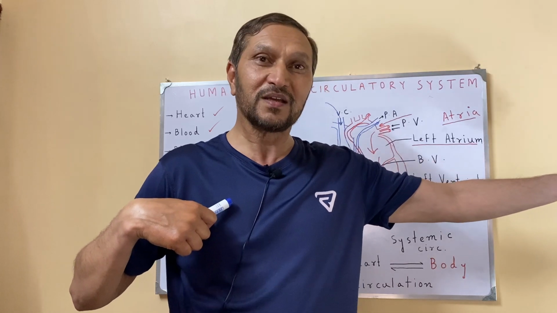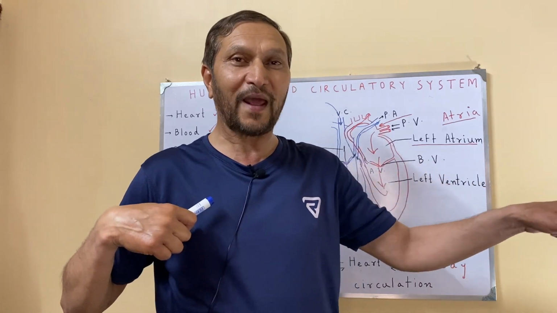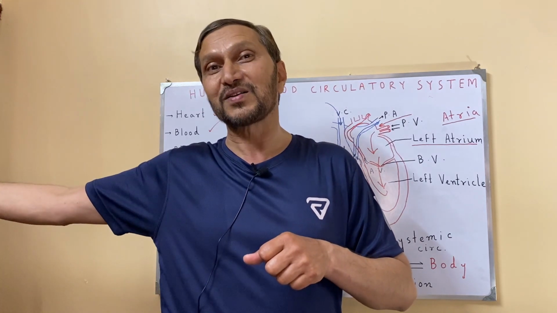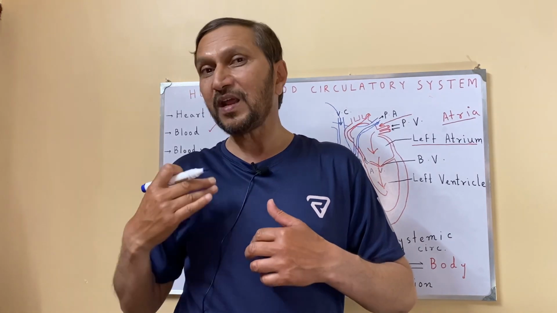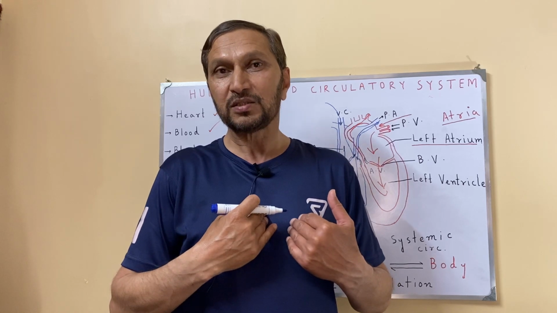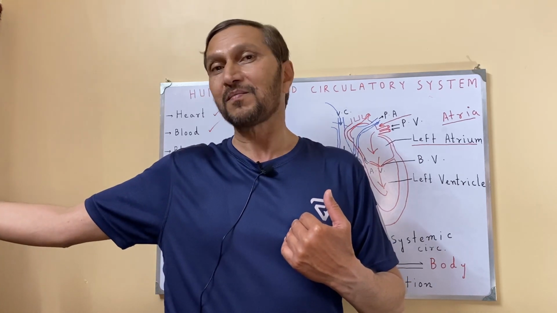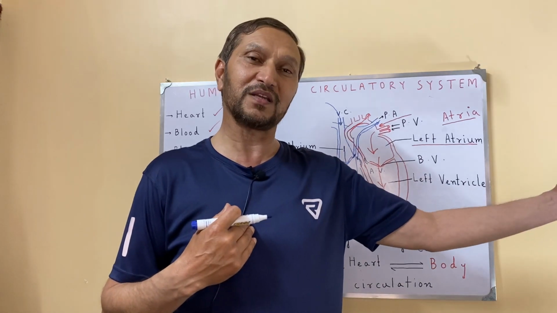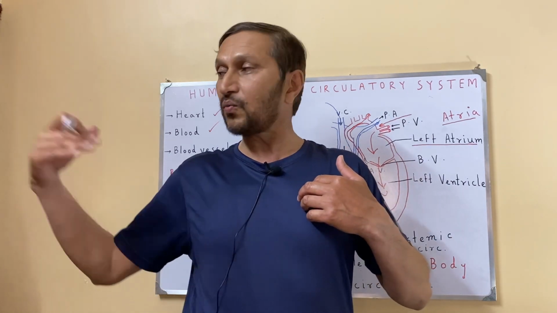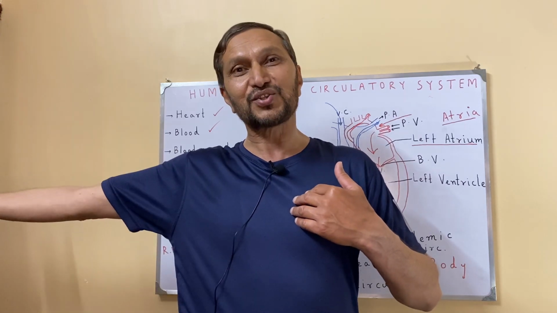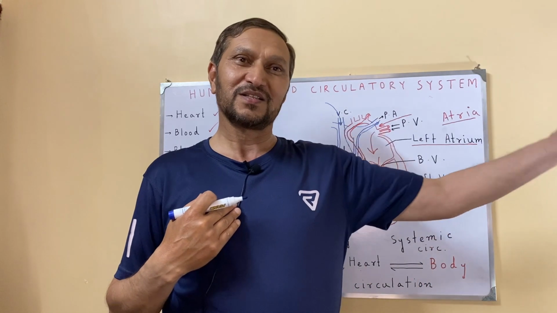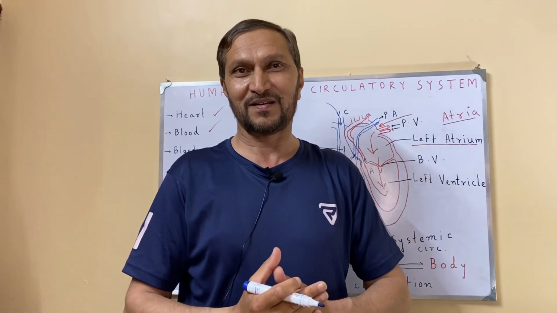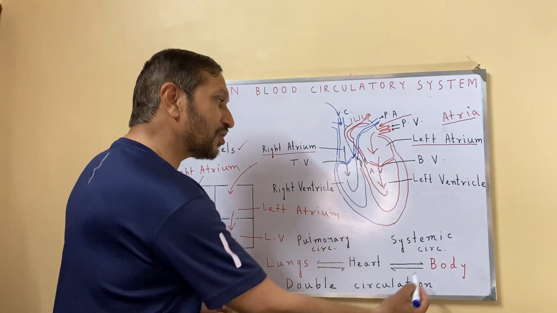And from the body, the deoxygenated blood is being collected and sent to the lungs for oxygenation. So from the heart to the lungs, it is pulmonary circulation, and from the heart to the body, it is systemic circulation. This is the concept of double circulation. So in this way, double circulation is taking place.